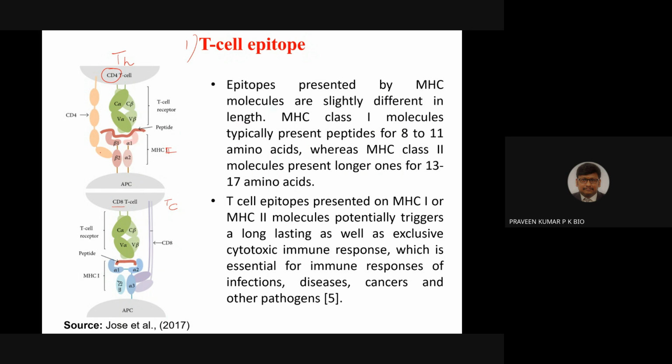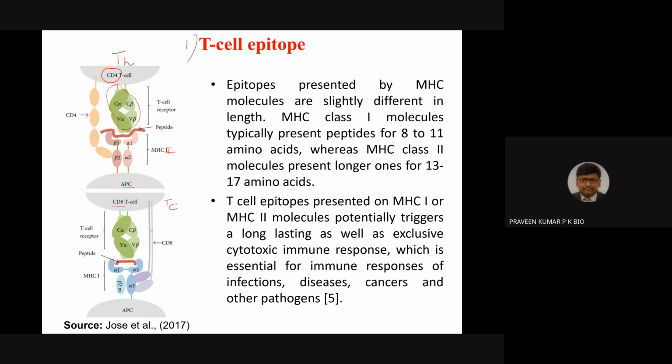Along with the CD4, we can see a T cell receptor. These two molecules are going to interact with the MHC2 molecules of the APC. There is one surface receptor interacting with CD4 as well as the T cell receptor. This is what is shown as the T cell receptor.